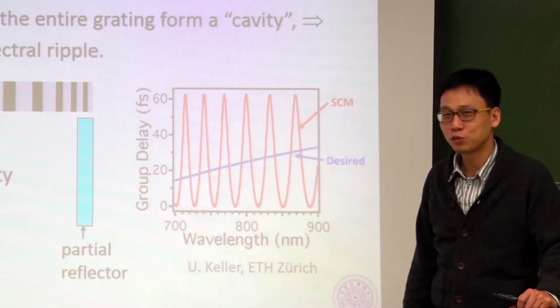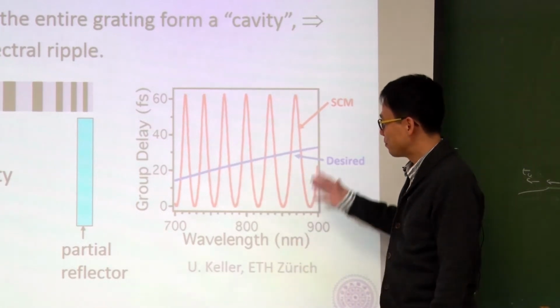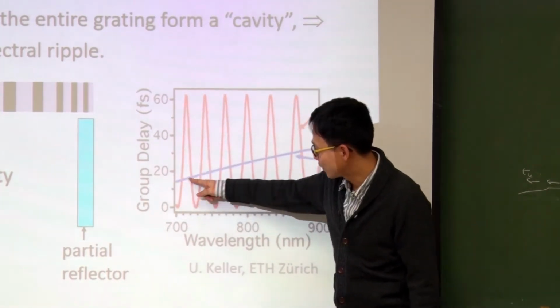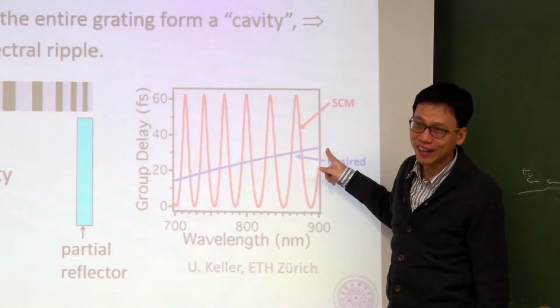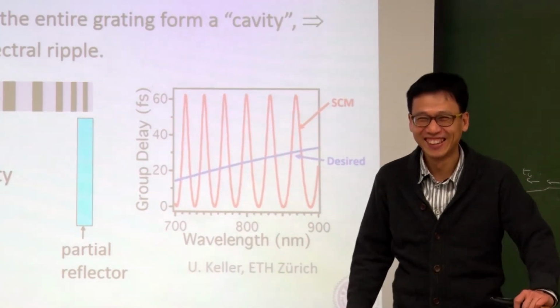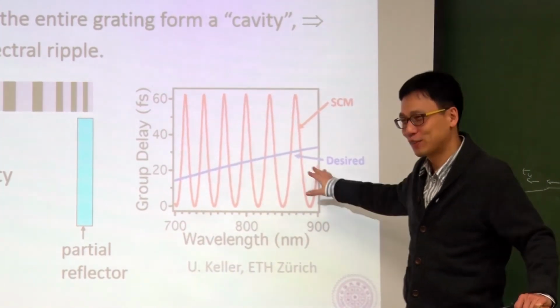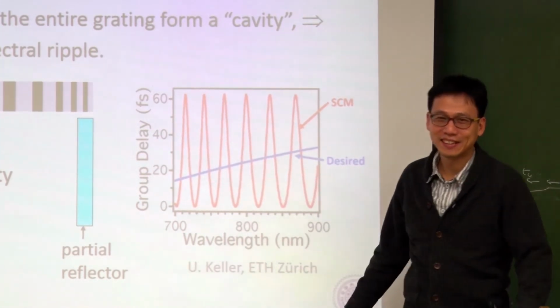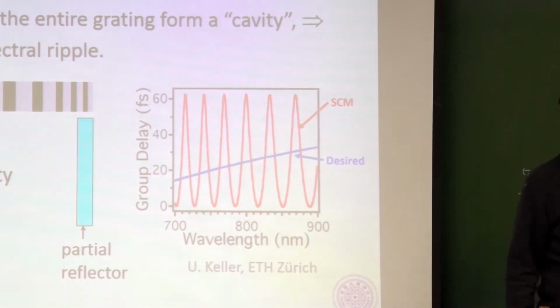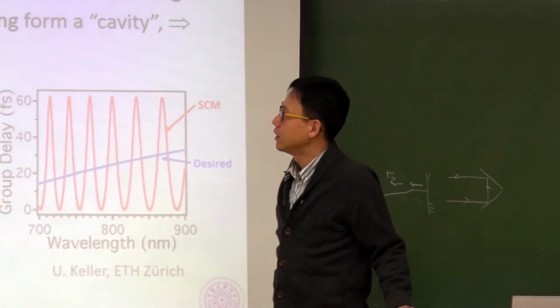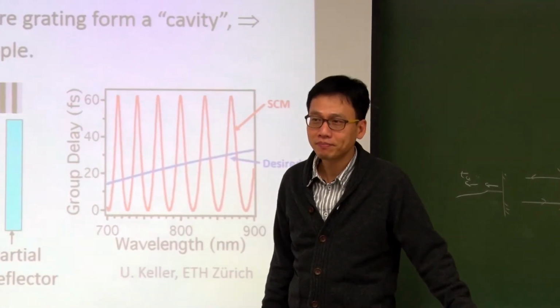你可以想想看出来会是什么。比如说你原来的 group delay 是这样嘛，所以你希望用这个 delay 去 cancel 它，结果你弄出这个，那你出来会是什么？你可以想想看你会出现一个很乱七八糟的东西。Okay, so that's the challenge, the problem suffered by simple chirp mirrors.